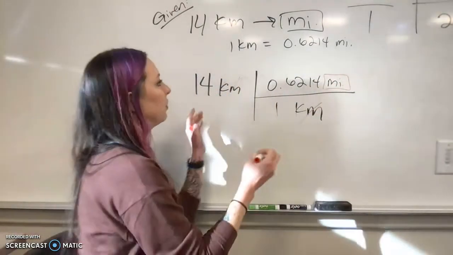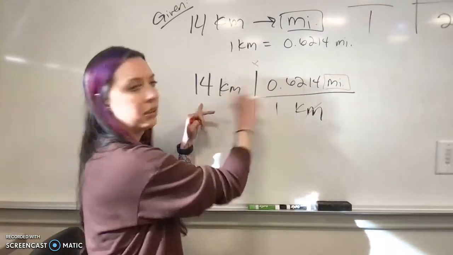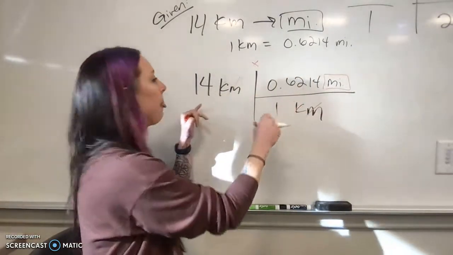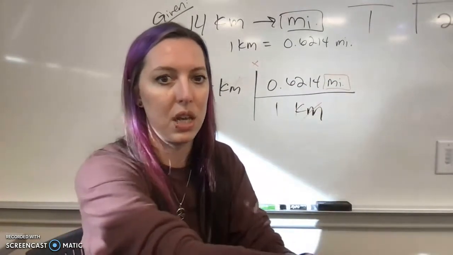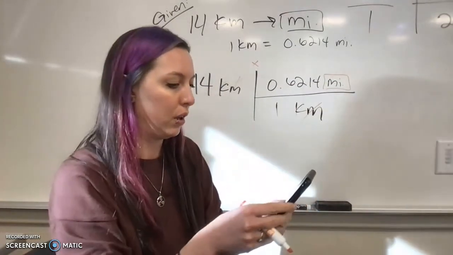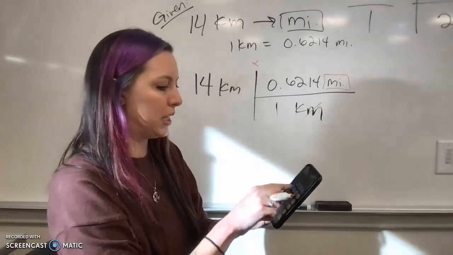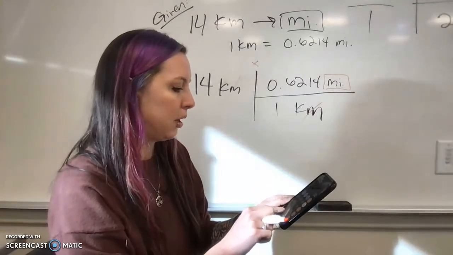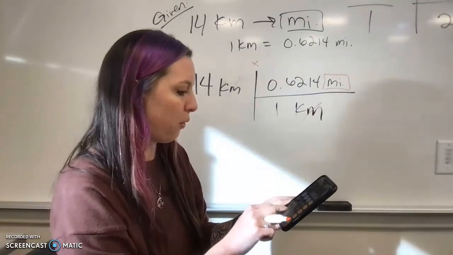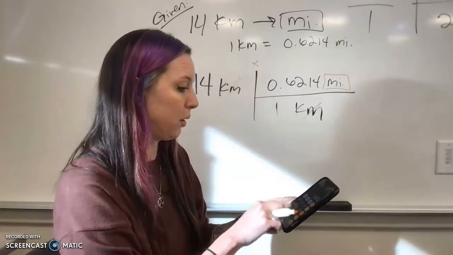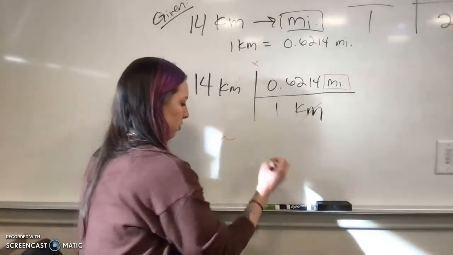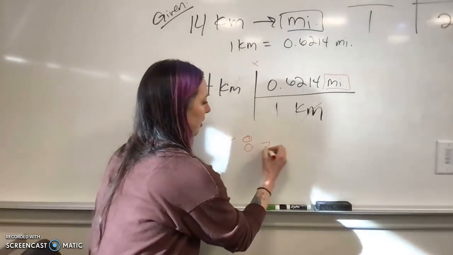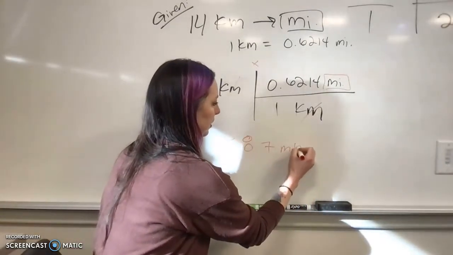So all you have to do is multiply across. And so with that, simply using your calculator on your phone, 14 times 0.6214 is rounded to 8.7 miles.